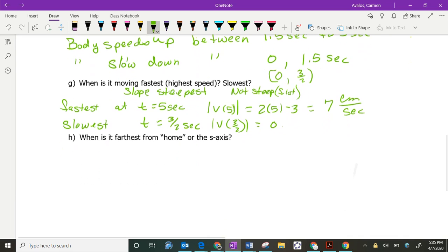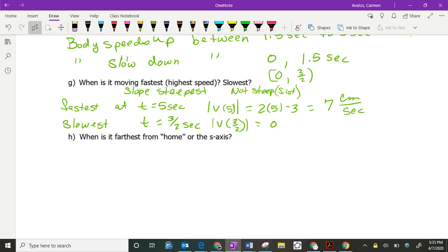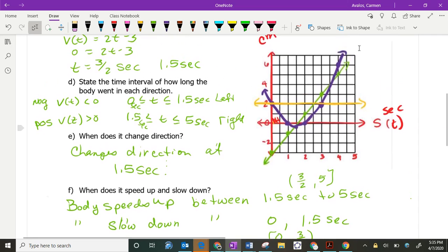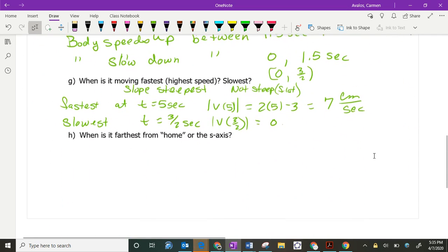Okay, and then the last one, when is it the farthest from home or furthest away from the s-axis? So here it's not as far away. Here still, all this is not the furthest away, but the furthest away that it's going to be is when it's 5 seconds.